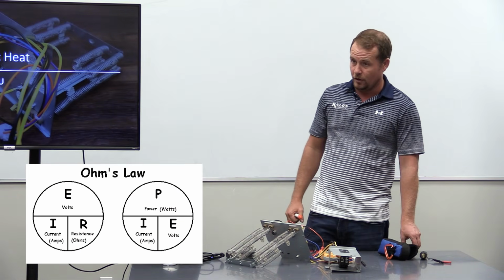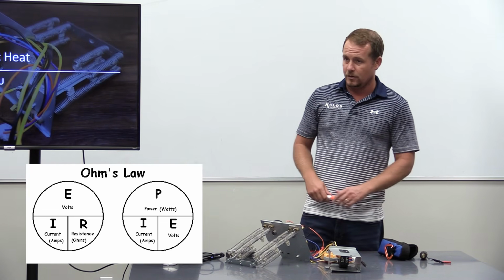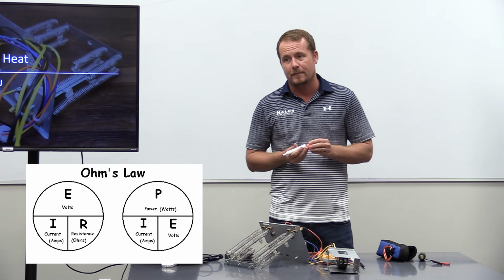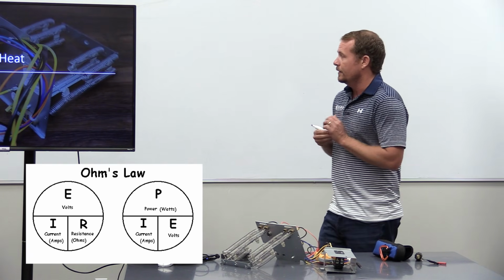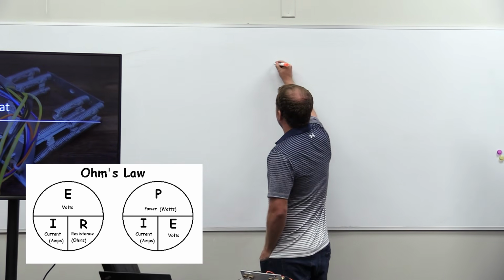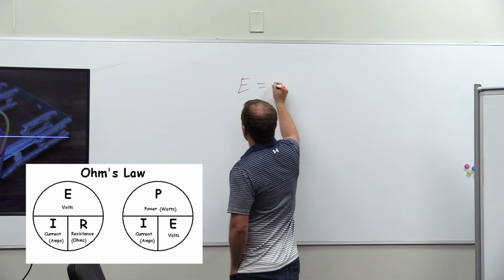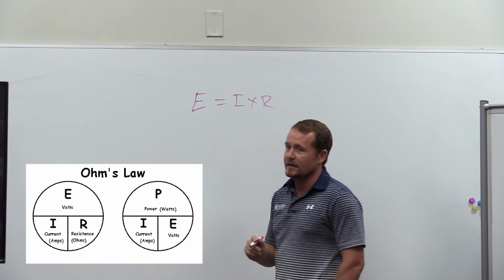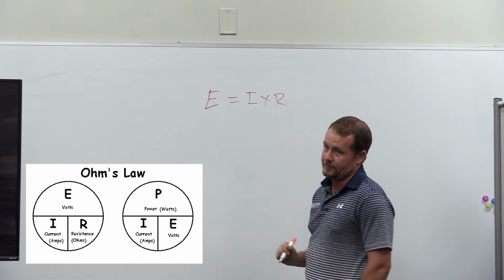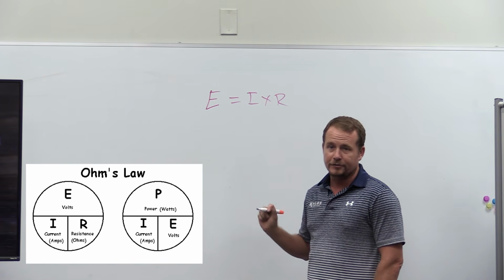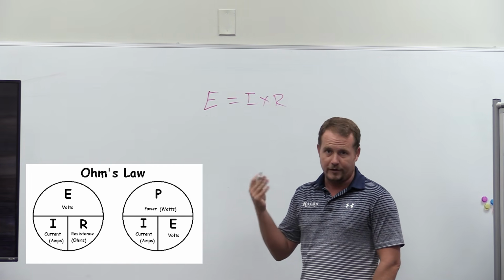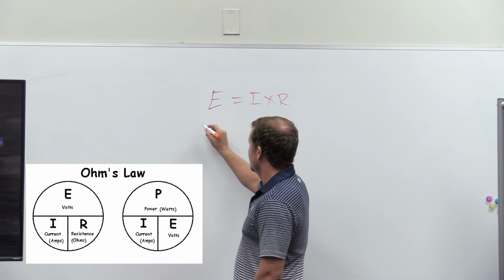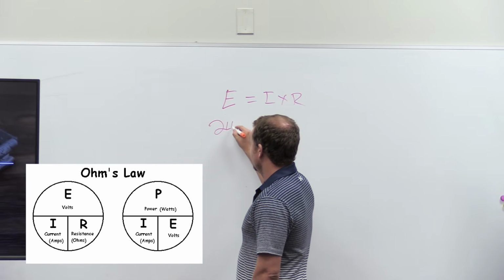I knew Ohm's law and Watt's law, but I didn't pay very close attention to it. And I don't care that you know how to do the math or don't know how to do the math, but Ohm's law is E equals I times R, okay? So that means that voltage equals amps times resistance. Well, in this case, the voltage is fairly fixed going into a unit, right? So that part is the part of the equation that's fairly fixed. So we'll say that our voltage is 240 volts.